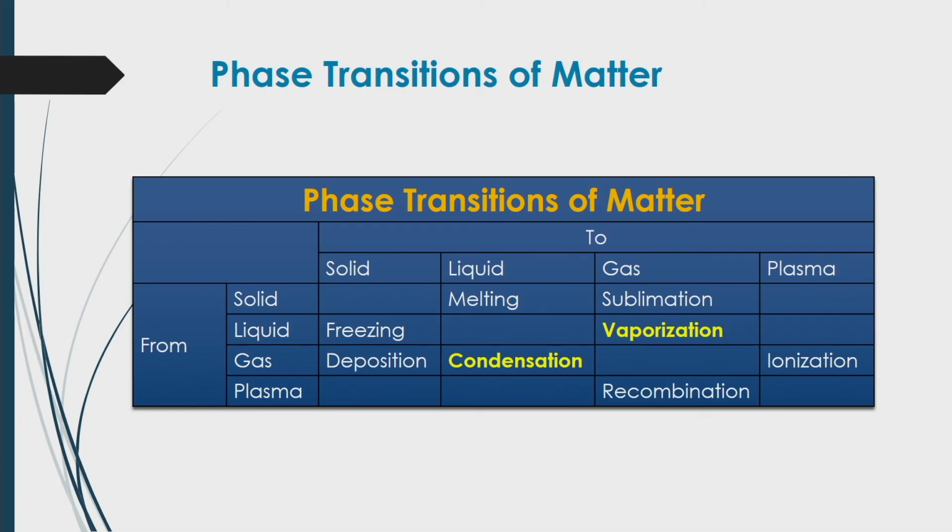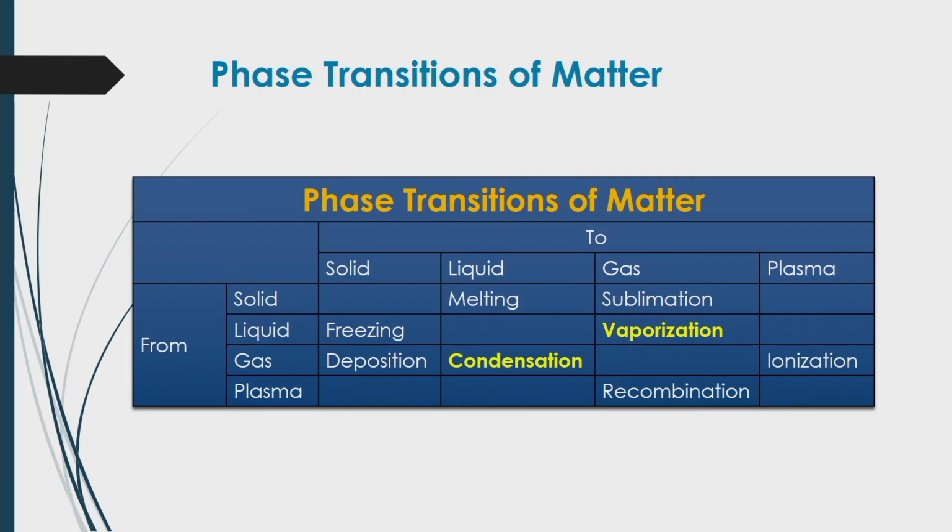A liquid will convert into a solid after freezing. A liquid can be converted into vapor by vaporization, and a gas may be converted into a solid by deposition, and it may be converted into a liquid by condensation. A gas can also sometimes be converted into plasma by the ionization process.